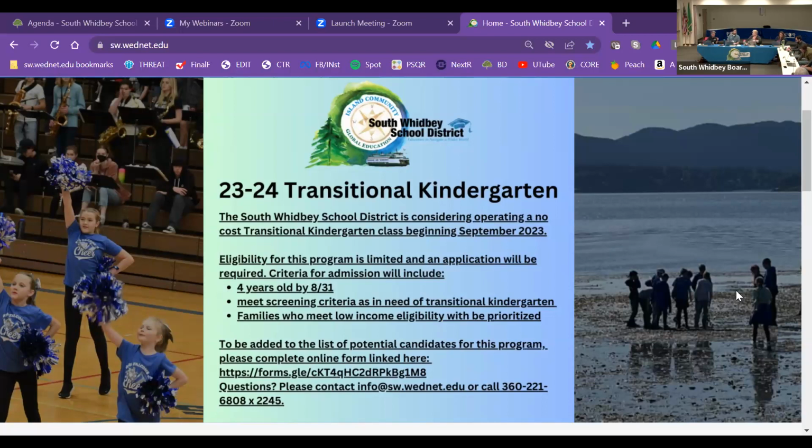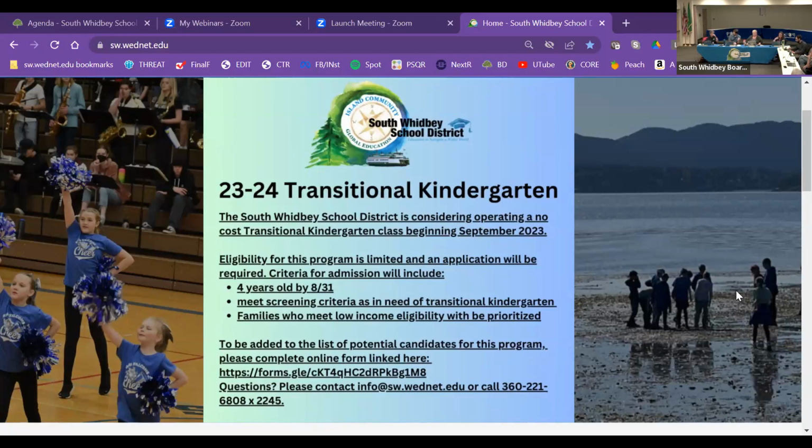And anyone who has an interest can certainly contact me, but this is not meant to take the place of any preschool program. This is meant to enhance the opportunities, especially for students who don't have access to preschool, because most of our preschool partners charge for students.